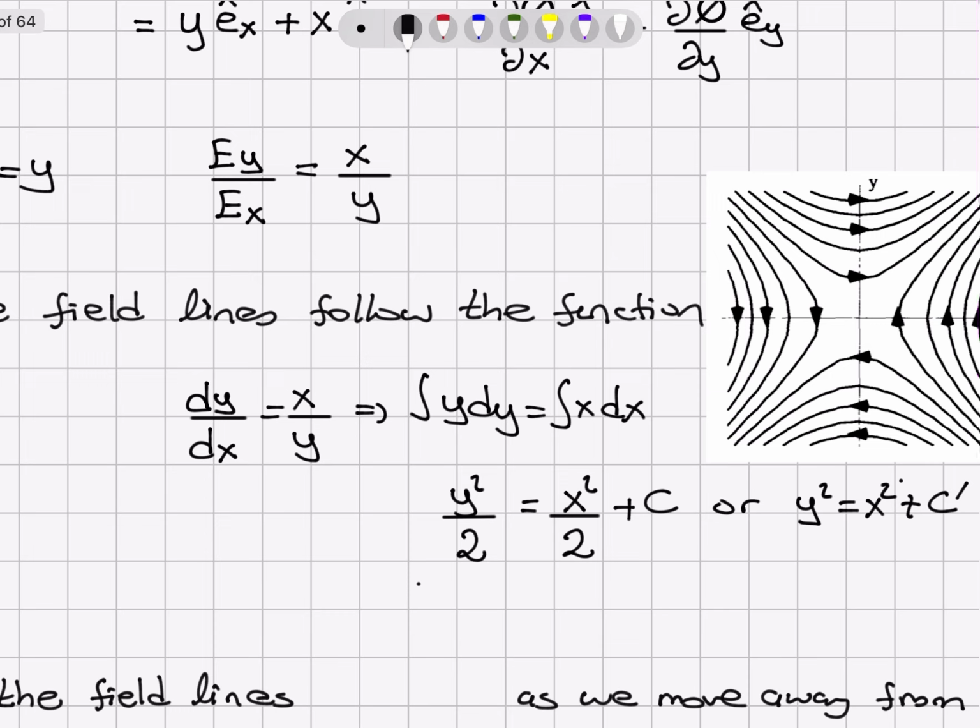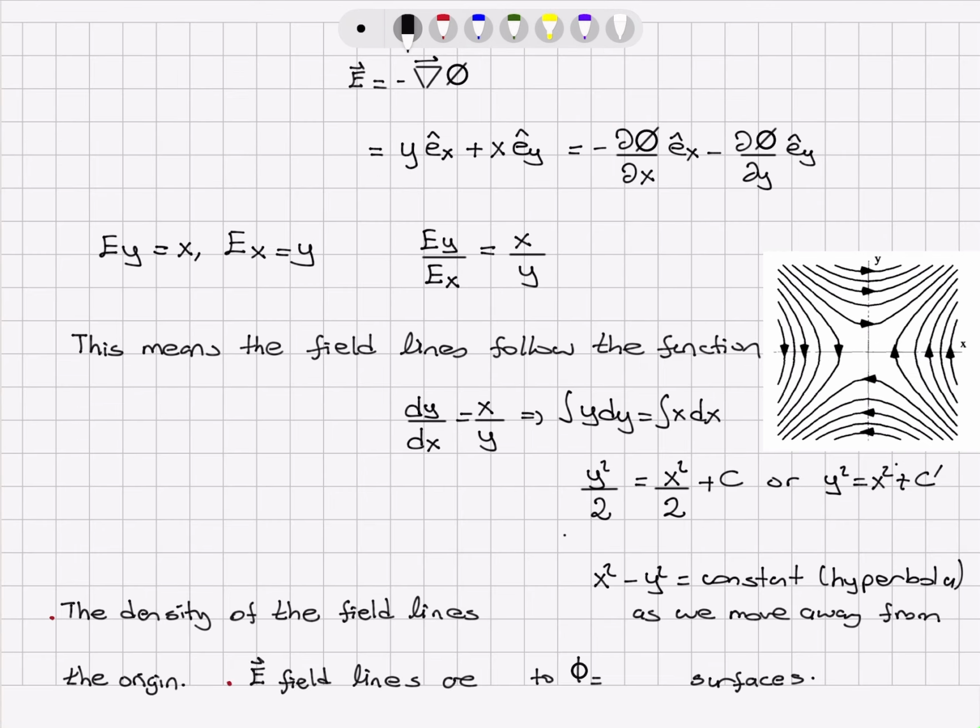So the function that we obtain is x squared minus y squared is equal to a constant, which describes a hyperbola. Okay, so here I have renamed the constant minus c prime as a constant c, for example.